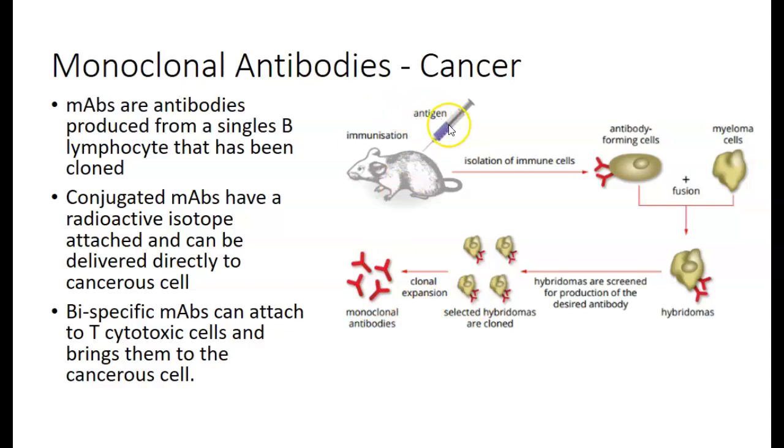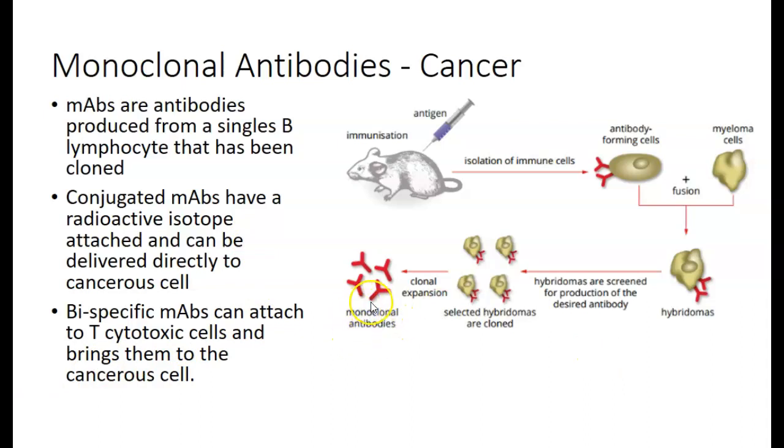If we're producing this antibody in response to a cancerous growth, the antigen that's present on the surface of the cancer cell will be what was injected in the first place in order to form those antibodies. Okay, so that's nice.